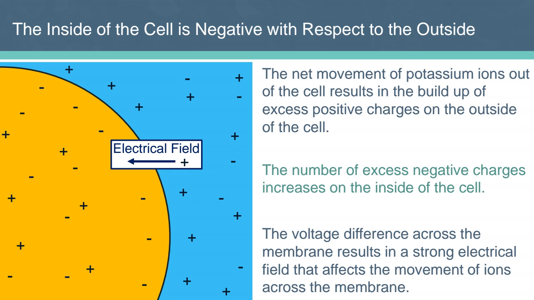The electrical field across the membrane tends to attract positive ions into the cell. Potassium ions are positive, therefore they are attracted to the inside of the cell. On the other hand, the concentration difference in potassium will tend to cause the movement of potassium ions out of the cell.